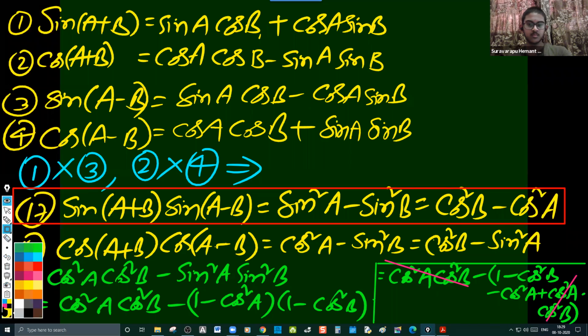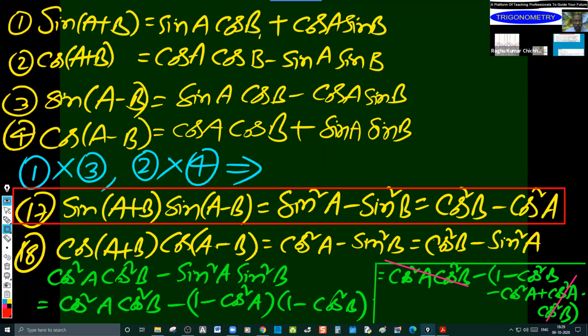To solve the problems in calculus, you need knowledge of trigonometry and you need to know the formulae, otherwise it is not at all possible to solve those problems. So you have to understand that trigonometry will be used in all other topics. Okay.